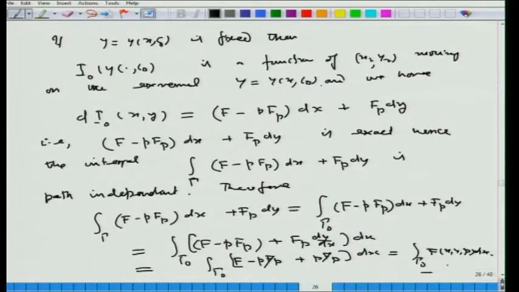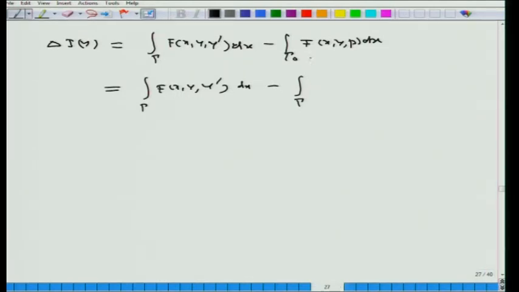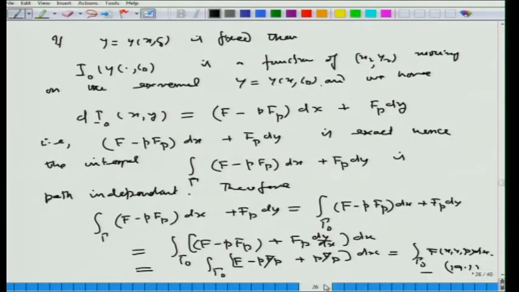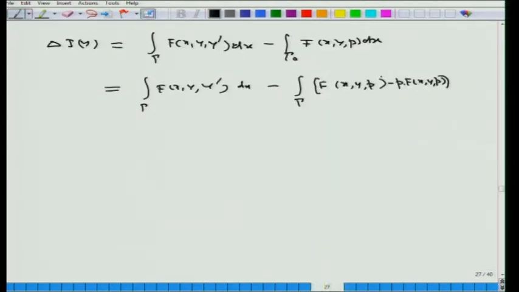So, let us call this 19.1, and so using that 19.1, this second integral can be written as integration over gamma of (f(x, y, p) minus p f_p(x, y, p)) dx plus f_p(x, y, p) dy.